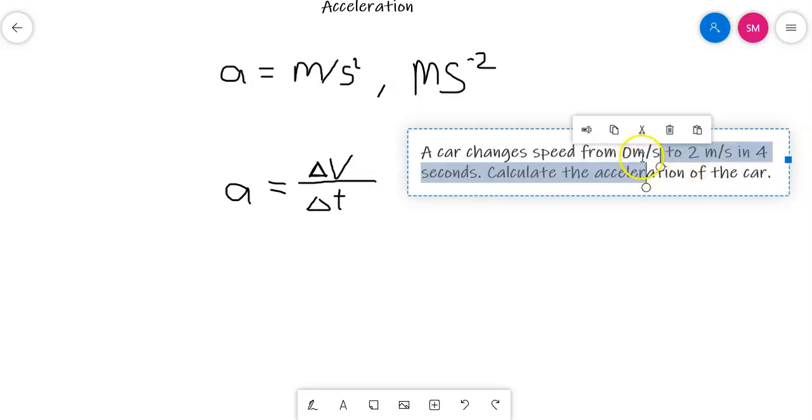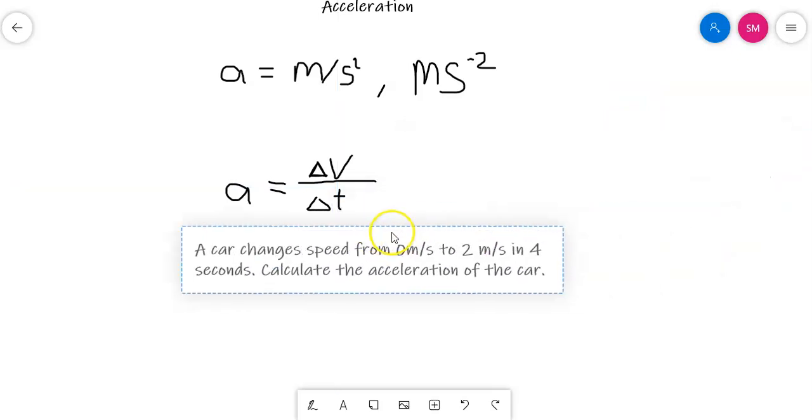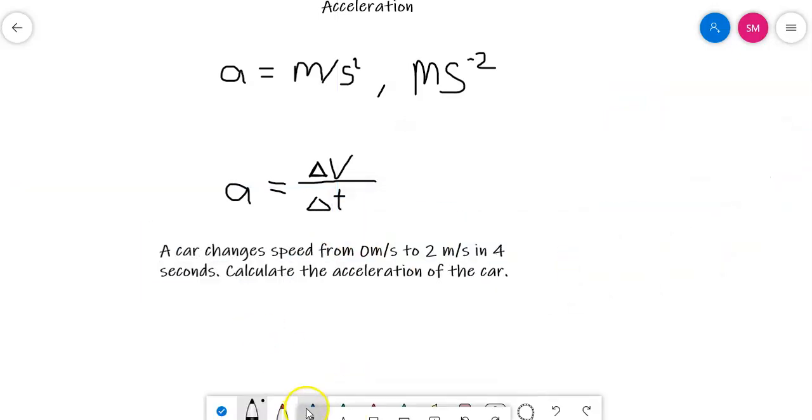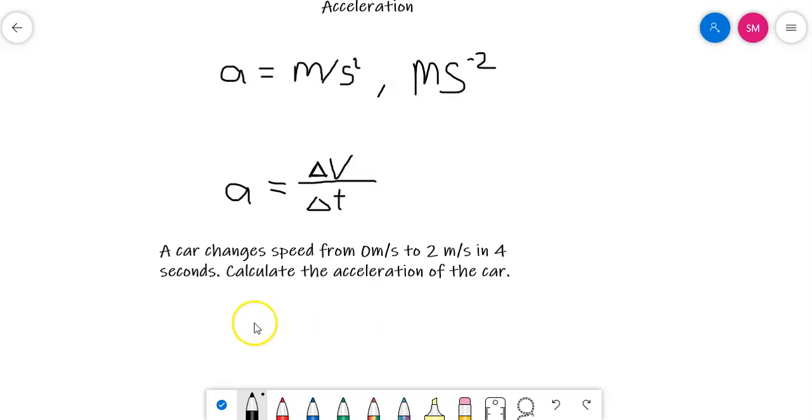We just need to plug these values into our formula. Acceleration equals the change in velocity, or the change in speed, which is the final speed minus the initial speed. So overall, we've got a change in speed of 2 meters per second.